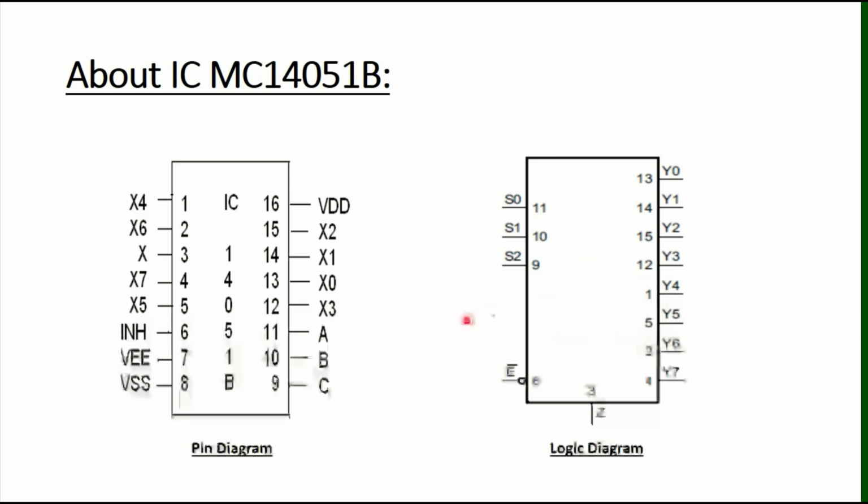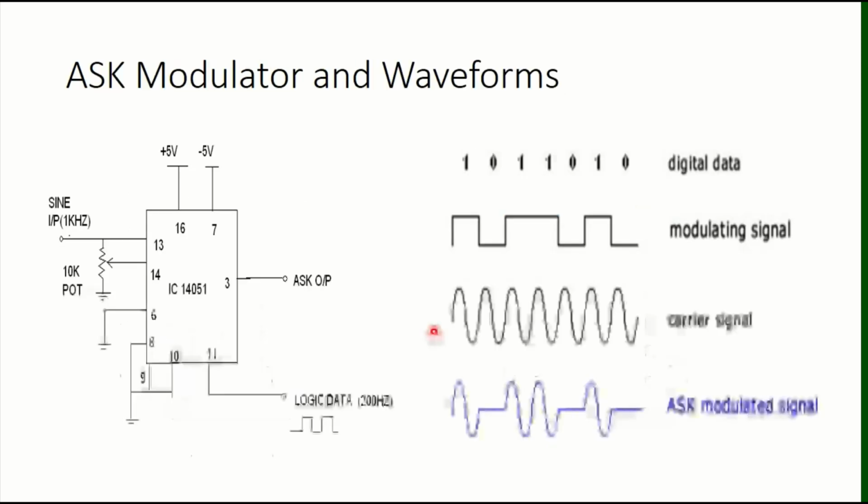So let's see, this is amplitude shift keying. The two magnitudes we have decided are supposed to be produced over the transmission line based on our logic data. This logic data could be unipolar, it could be bipolar.